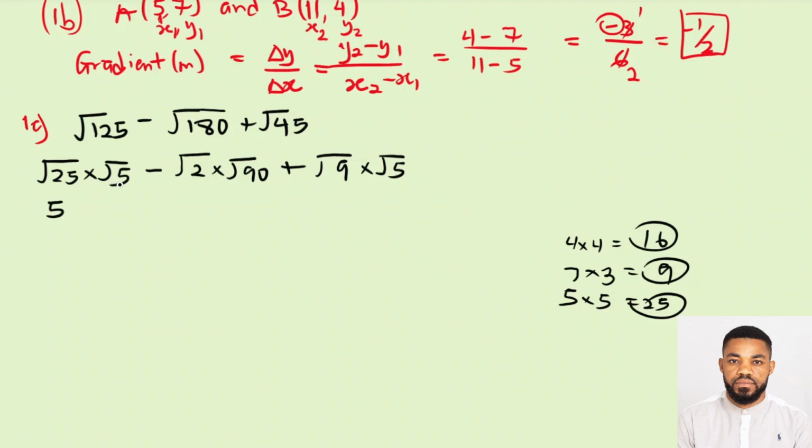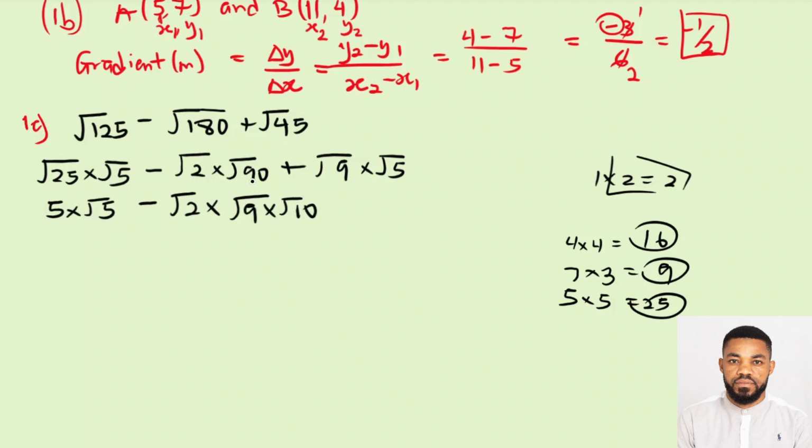Remember, it is multiplying the root of 5. So you have times the root of 5 minus. Let's come to this guy, the root of 2. Wow, the only number is going to be 1. 1 times 2 will give you 2. So it means we can't simplify the root of 2 again. We just have to write the same, the root of 2. Now let's come to 90. We can think of 9 times the root of 10.